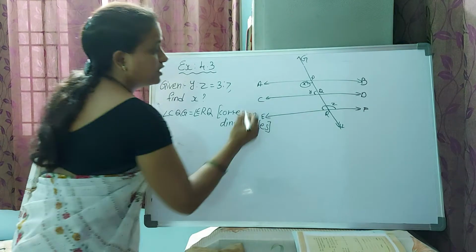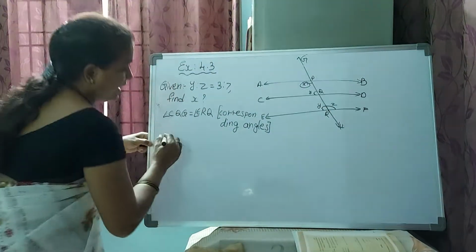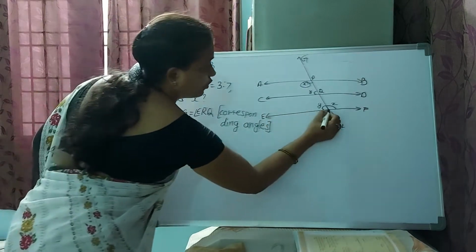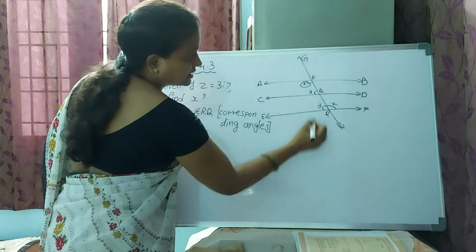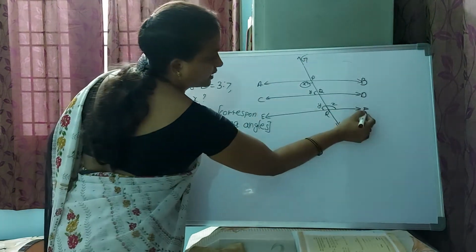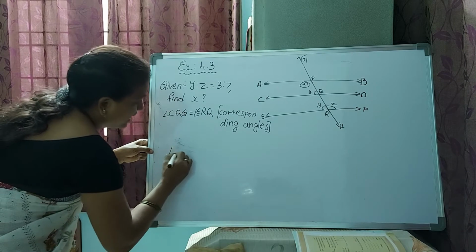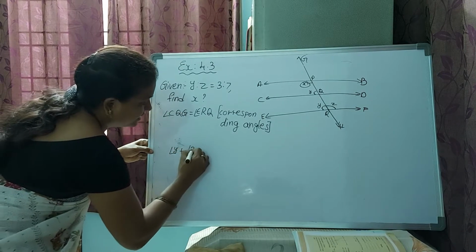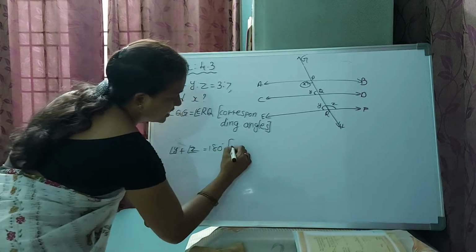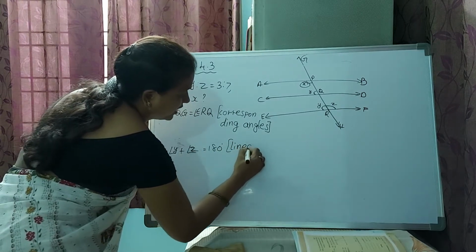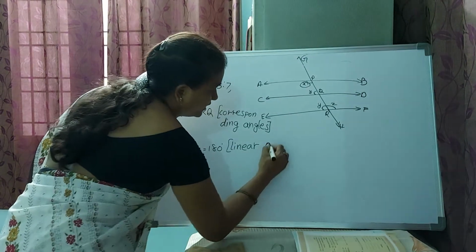So here we can write y. Angle ERG plus angle GRF is a linear pair. That means angle y plus angle z is equal to 180 degrees because it is a linear pair, where the sum of the adjacent angles is 180.